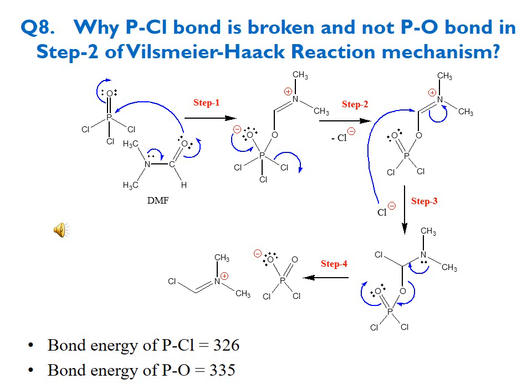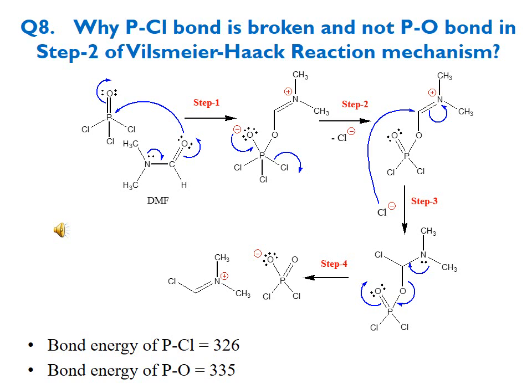The question is, when the negatively charged oxygen goes back to the phosphorus and makes the double bond, there are two chances: either the P-Cl bond is broken or the P-O bond is broken. But if the P-O bond is broken, then number one, we go back to the reactant side, and if the P-Cl bond is broken, then we go to the product side.